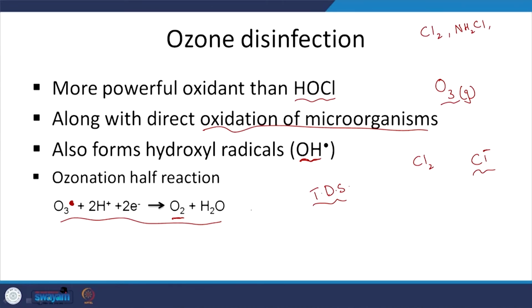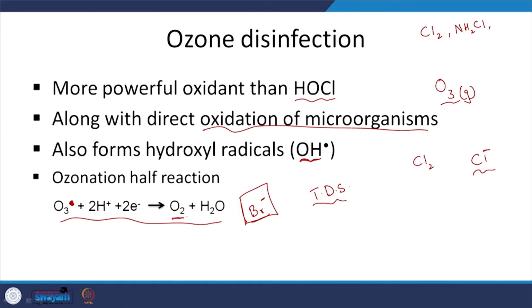It will also degrade the residual organic content pretty well, and disinfection byproducts are pretty less or non-existent, especially if there is no Br minus. If there is Br minus, it can react with ozone to form some disinfection byproducts, but that is typically not an issue. Again, it depends on Br minus concentration.